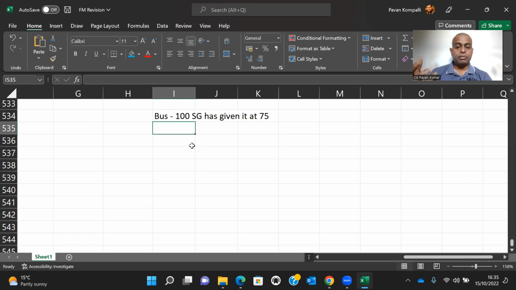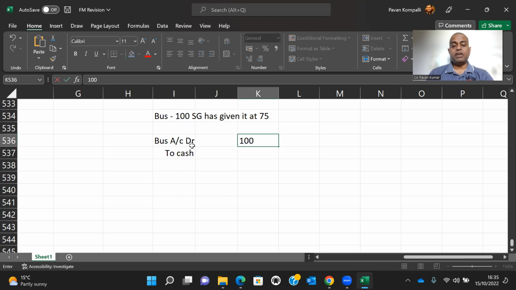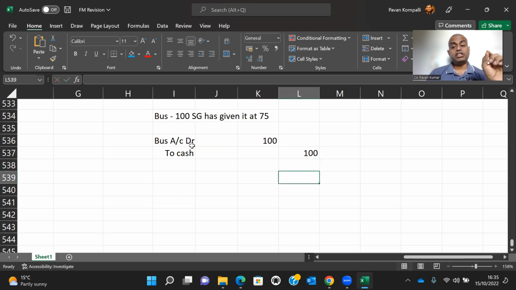Okay, what is the journal entry you write? First you purchased the bus for 100 rupees, and then you received 25 rupees grant.